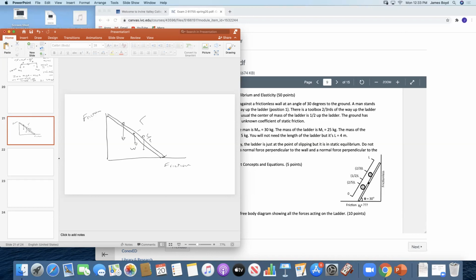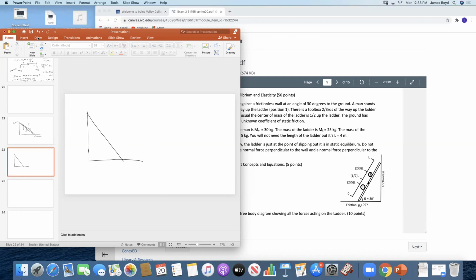Now, when we draw the forces, and this is the one part that actually gets a little tough, I'm going to do it with the red pen. It's touching the ground, so it has to have a normal in the Y. It's touching the wall, so it has to have a normal in the X. It has friction to keep it from going that way.